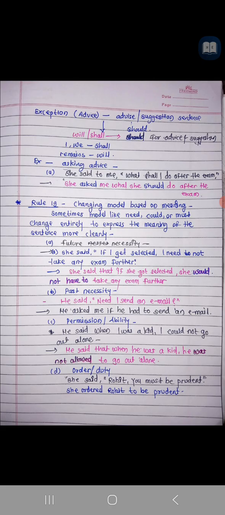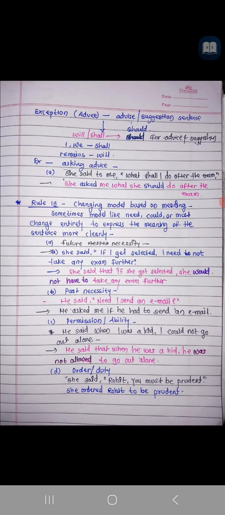That means here shall converts into should. Using would here would also be right, but this is an exception because it's advice. Only for I and we, shall converts into should, but for the other subjects he, she, it, they, we must use would. But in this sentence, the mood and sense of the sentence is advice, so for that reason shall becomes should.